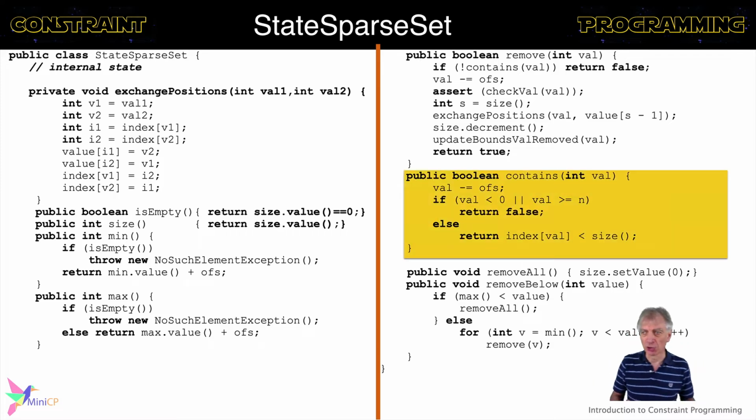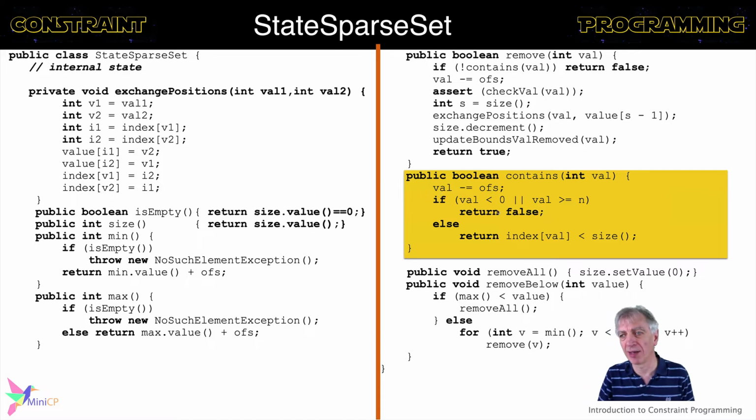The first one is the contain method. I have a value val, let's say 15, and I want to see if it's inside the array. So the first thing that I do is that I remove the offset. So if it's 15 and my array was 10 to 20, it's going to become 5. And now I'm going to look into my representation, the values that I have, which are between 0 and n-1, and that's where I'm going to look, right?